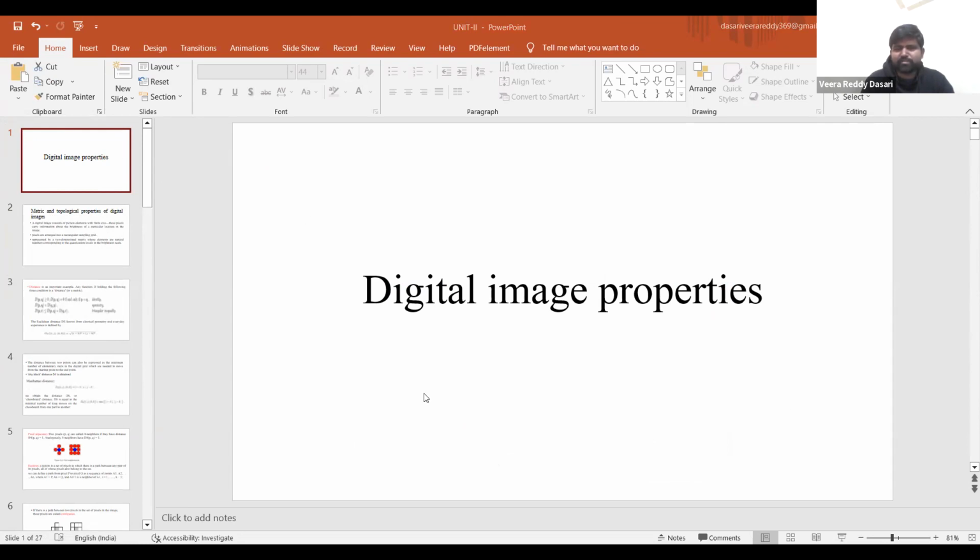How many types of images? I asked this question several times. Type in the chat box: 4. What are they? There are 4 types of images, so there may be a short question with respect to that.